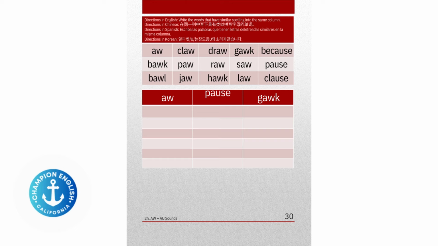Gawk goes with awk. Pause goes with ause. So words that are written the same sound the same on this page, okay? So go ahead and I'm going to give you 30 seconds to put those words on the right page.